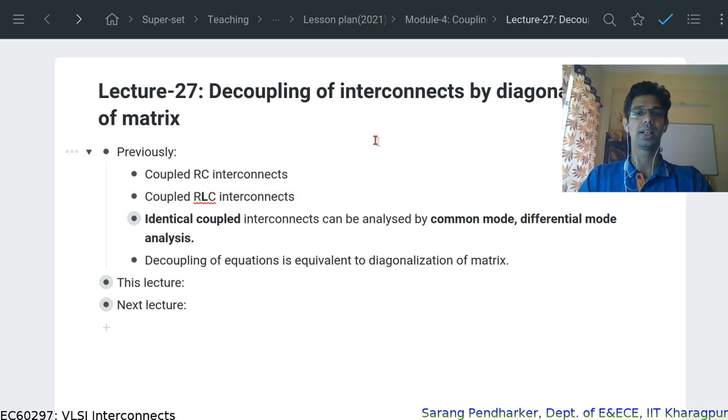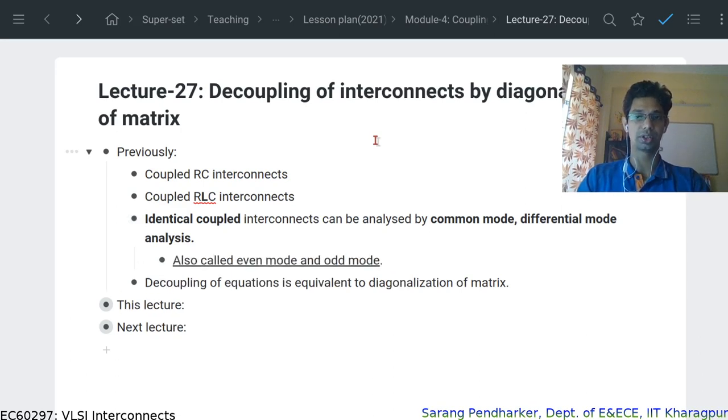In the case of identical interconnects, we had shown that we can decouple these interconnects by defining two voltages, common mode and differential mode. In some references, it is also called even mode and odd mode.